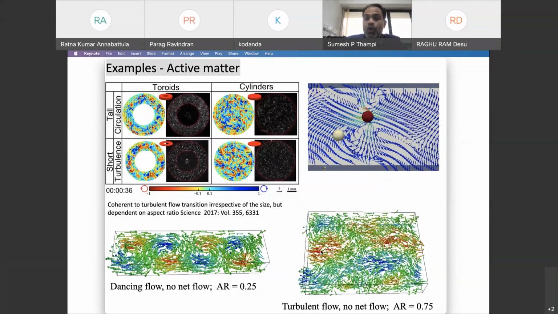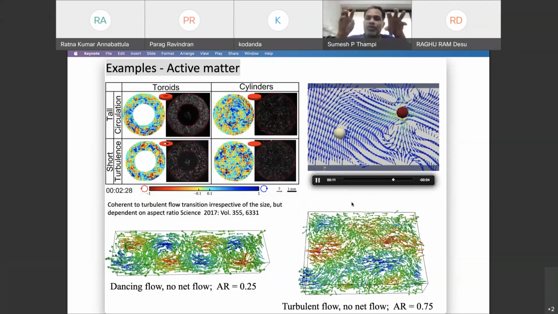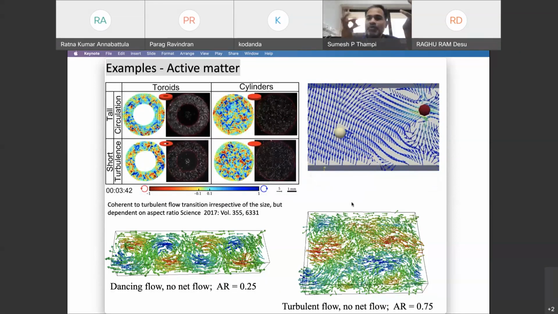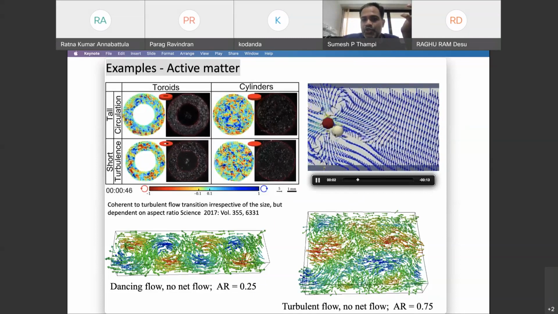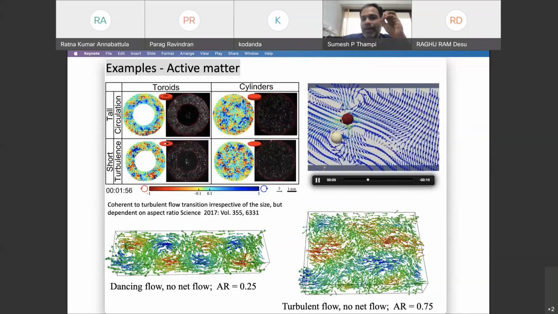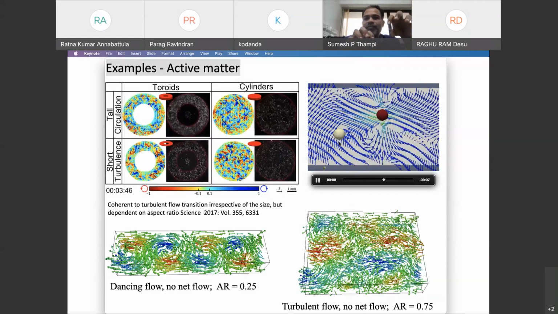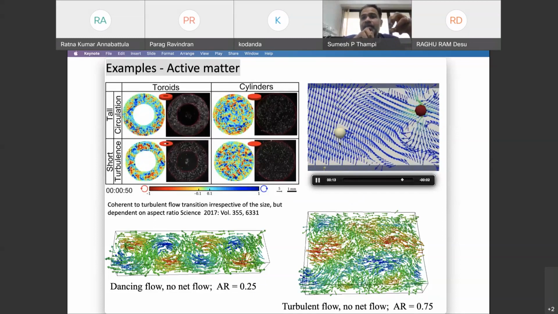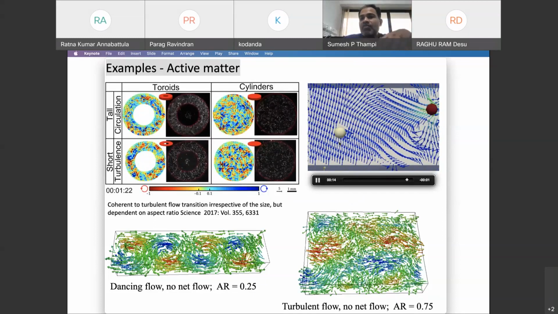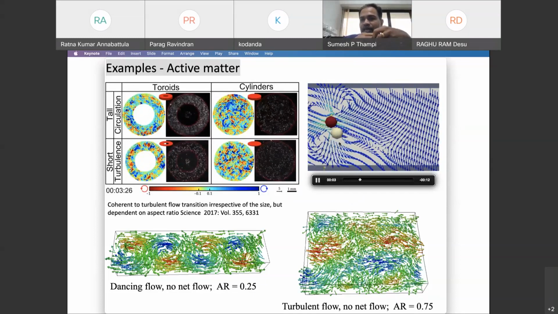Or you could even look at things on a smaller scale where you have two particles. One of them could be, for example, a bacteria. So in this particular simulation, the red is a bacteria and the white is just a passive particle. And if the passive particle and this bacteria, a spherical bacteria you imagine, come in contact with each other, what kind of a flow is generated, how does this entire collision process happen, and so on.